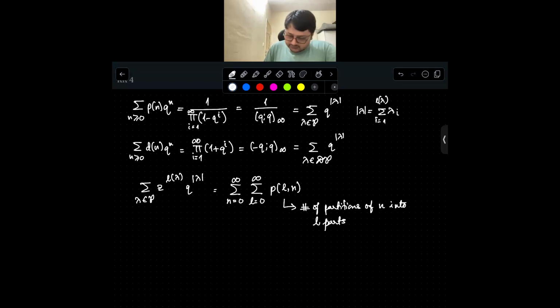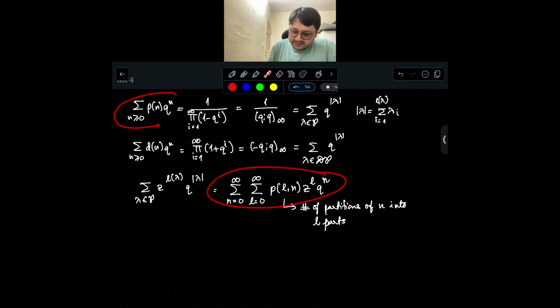And this will be z raised to the power L and q raised to the power n. Okay, so this generating function is the analog of this generating function, where we introduce the new variable z to keep track of the number of parts in the partition as well.